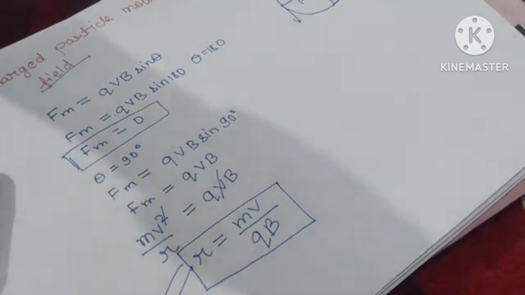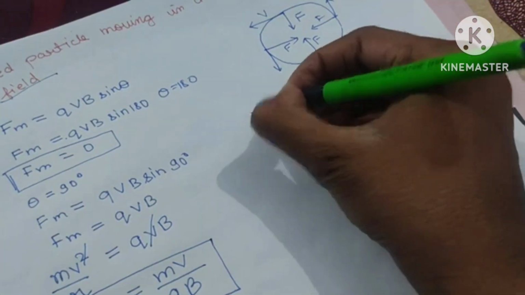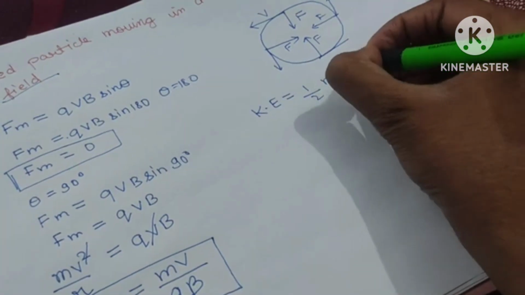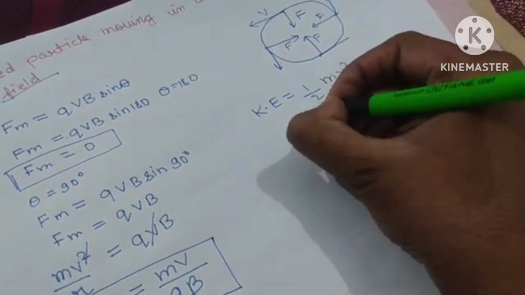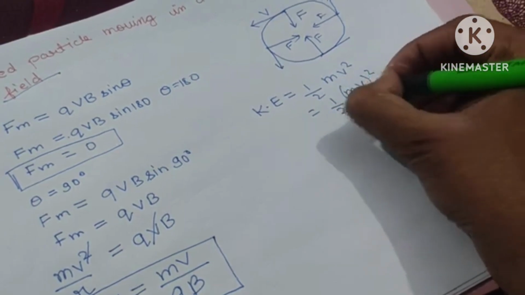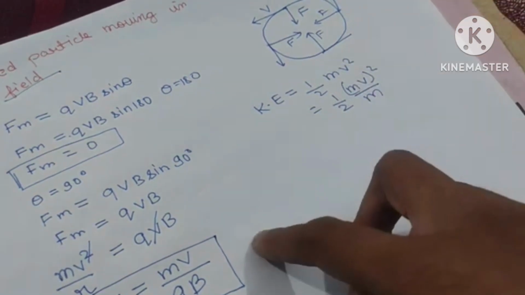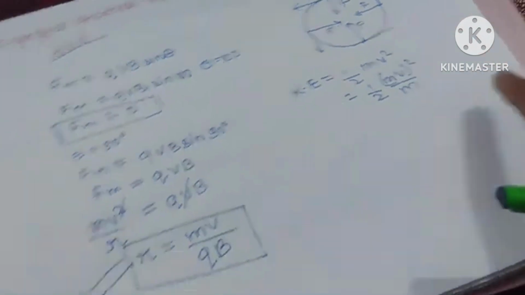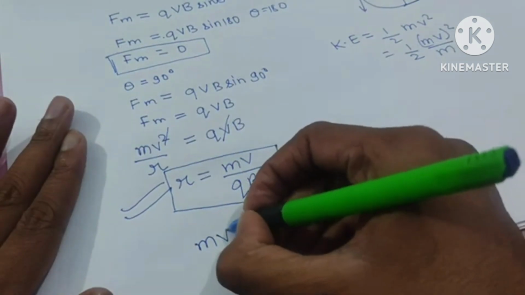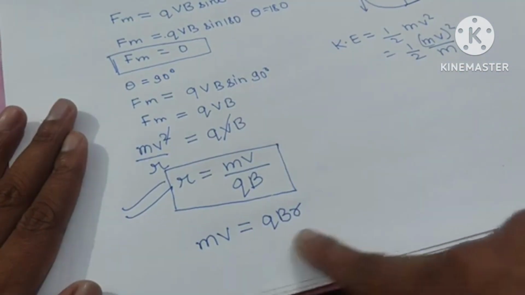Now we are moving to the kinetic energy. We know kinetic energy is half mv squared. Now multiply m on both sides, so it will become (mv) whole squared by m. From here, mv is equal to qBr.